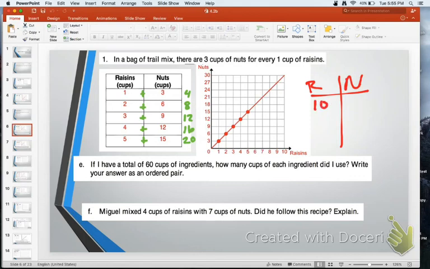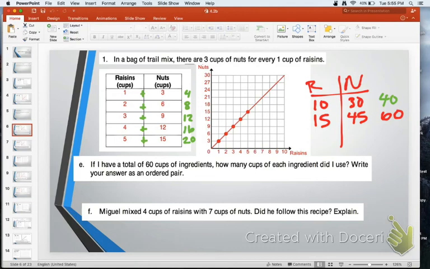So 10 times 3 gives me 30. Then 10 plus 30 gives me 40. Well, that's not enough. All right, well, let's try 15. 15 times 3 gives me 45. Well, that's 60. So that is enough.